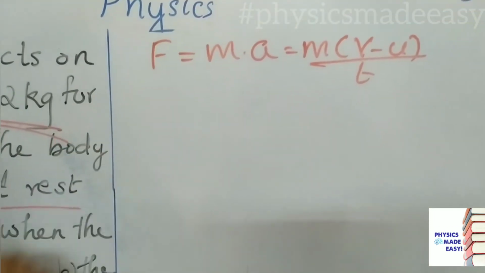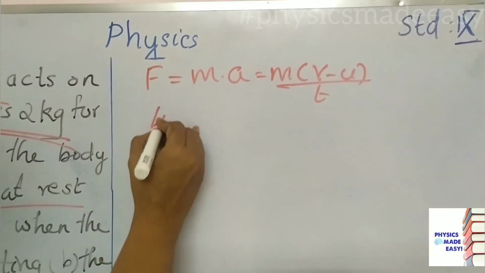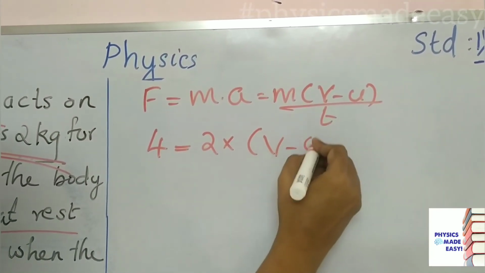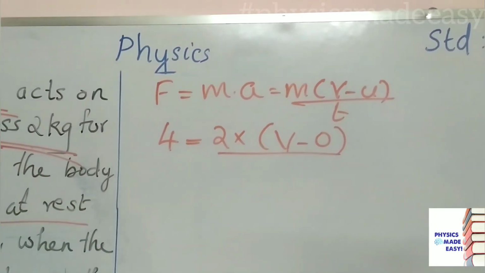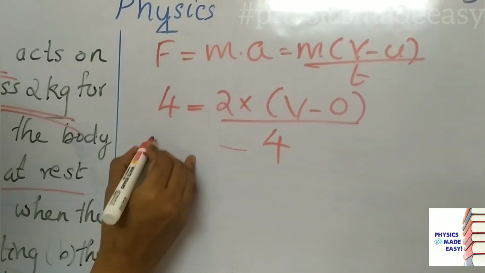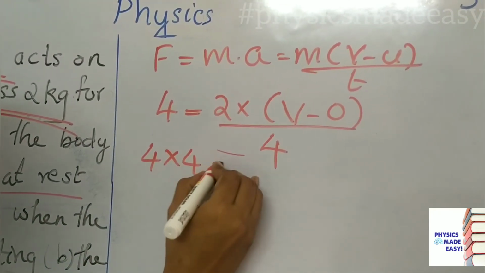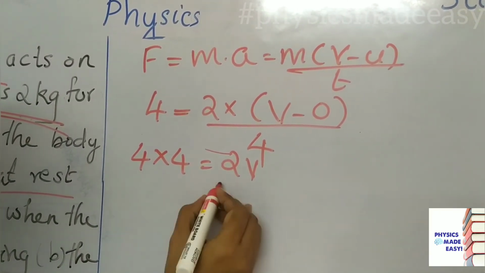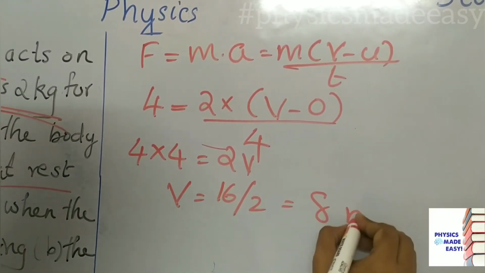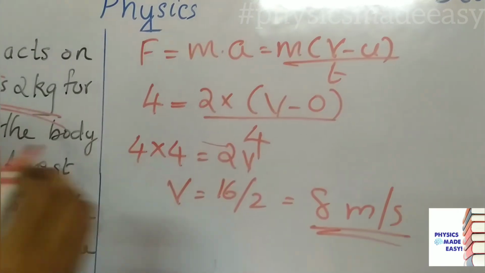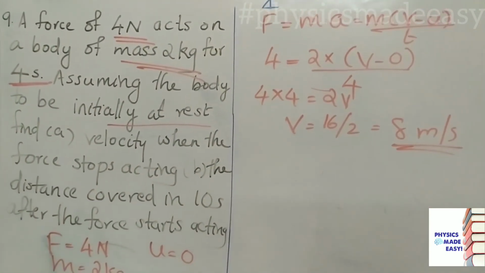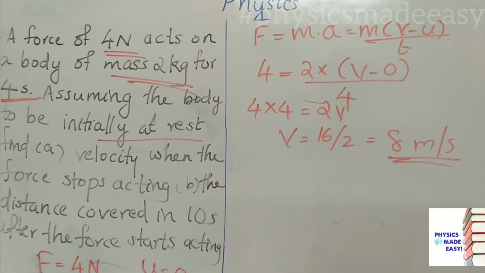So here what is the force? 4 is equal to 2 into (V minus 0) the whole divided by 4. Here you can write this as 4 into 4 is equal to 2 into V. So here V is equal to 16 divided by 2, that is 8 meter per second. That is the velocity of that object when the force stops acting on that.